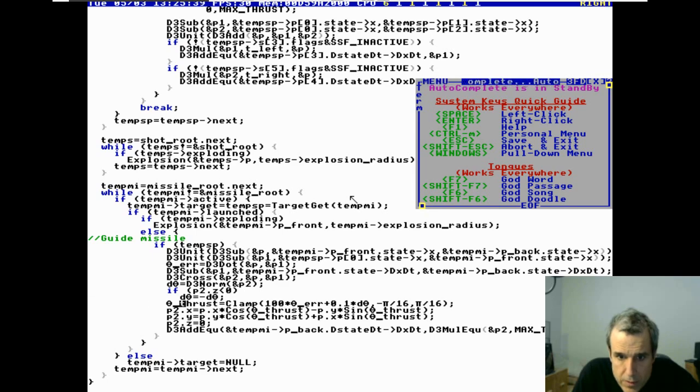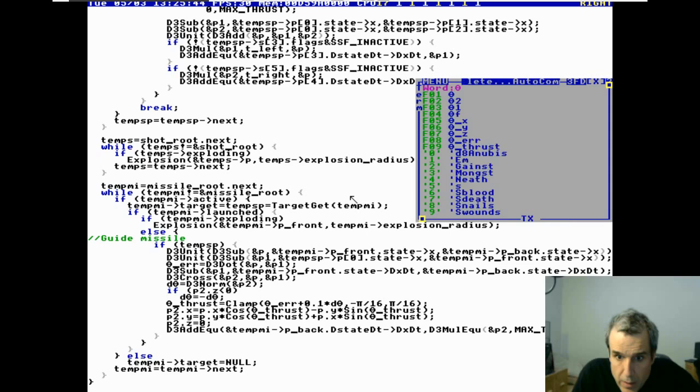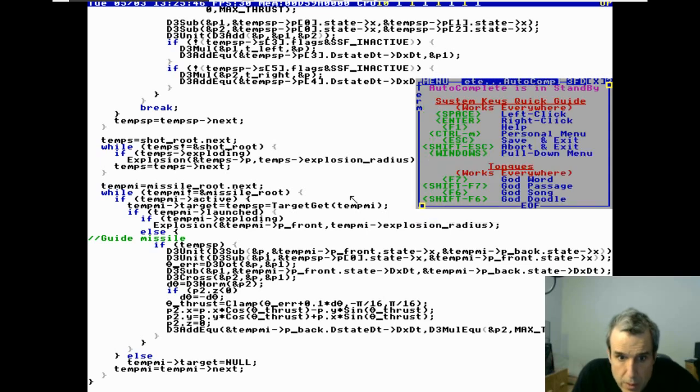First, let's pretend this is sim structure, and this.